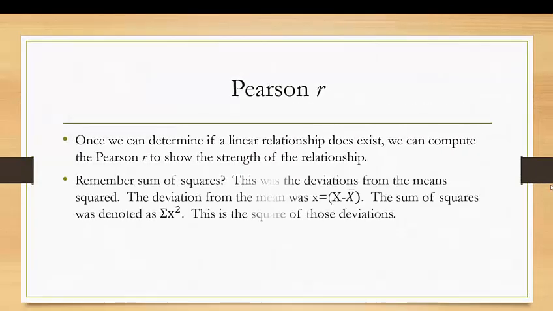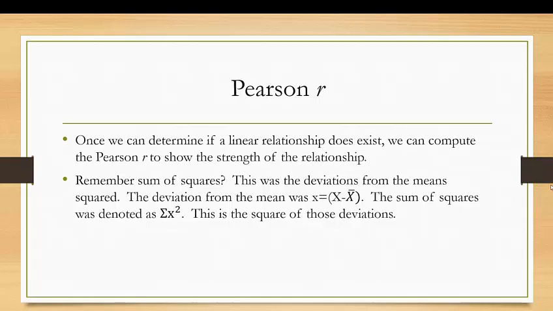The Pearson R is going to take us back to our sum of squares. Okay, remember our sum of squares was the deviation from the mean squared when we were looking at our univariate distributions. And we had to square them because some of them were negative and some were positive, and when we added them all together, we came up with a 0.